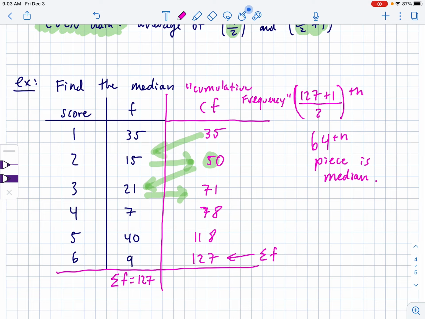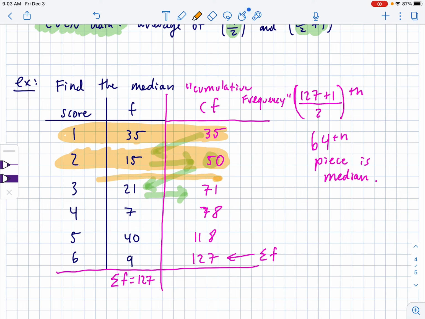Now, the reason you do this is so you can figure out where the 64th piece of data is. If I look at the first row, all 35 pieces of data in the beginning are all ones. Then the 36th through the 50th are all twos. So the 36th piece of data is a 2 and the 50th is a 2.